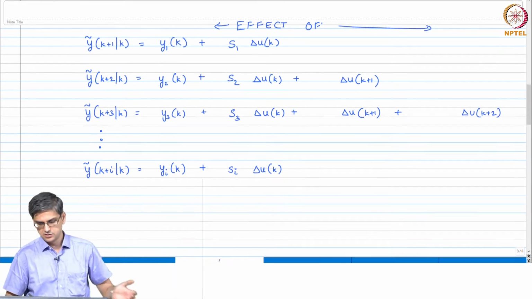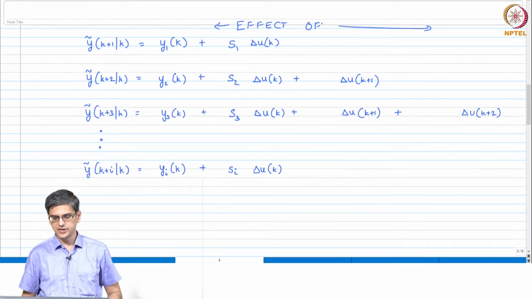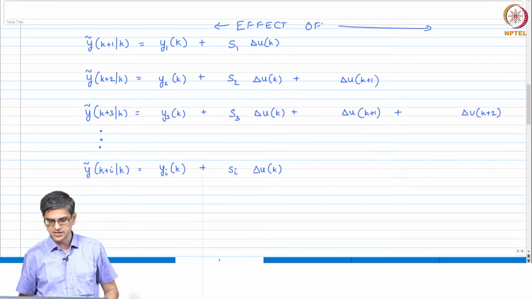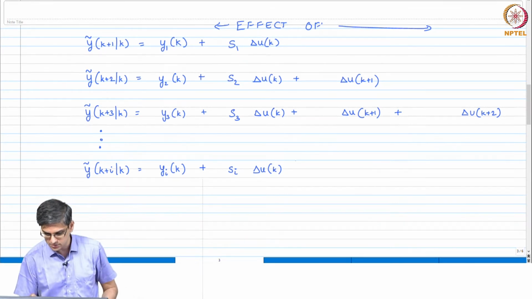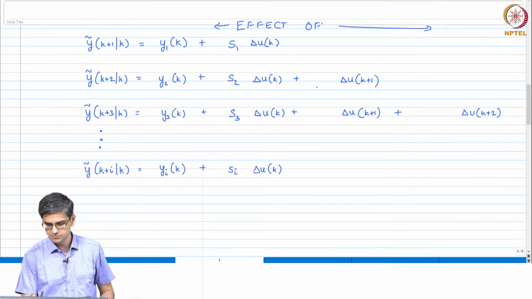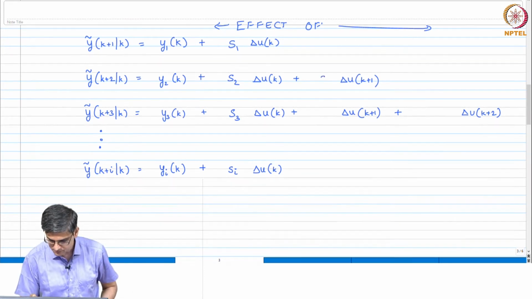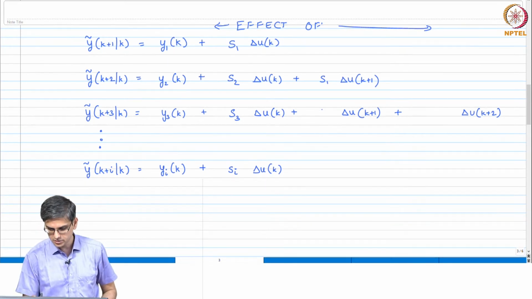Okay. Let us look at the next item. If you have to say the effect of delta u k plus 1, what will come over here? S1. What will come over here? It will be S2.